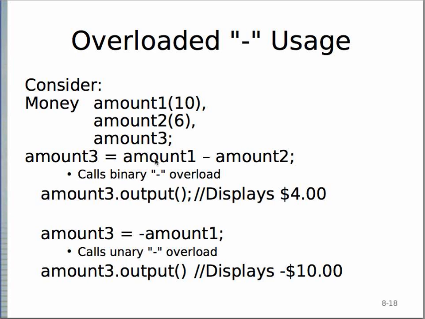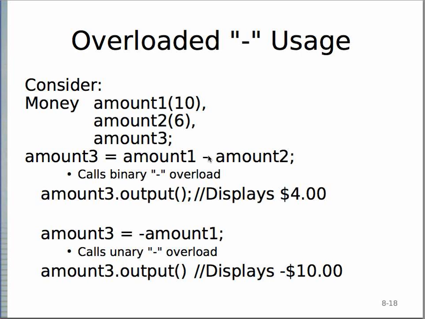Okay, so here's how to use the subtraction. You're just taking two objects and subtracting one from the other. And we can do that as long as we have defined, in this case, a standalone function to overload the subtraction operator. This will have two arguments.